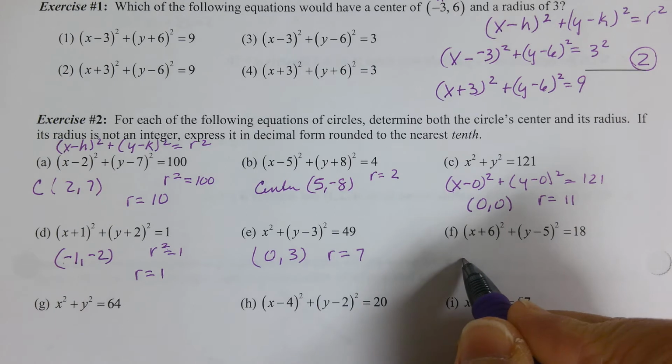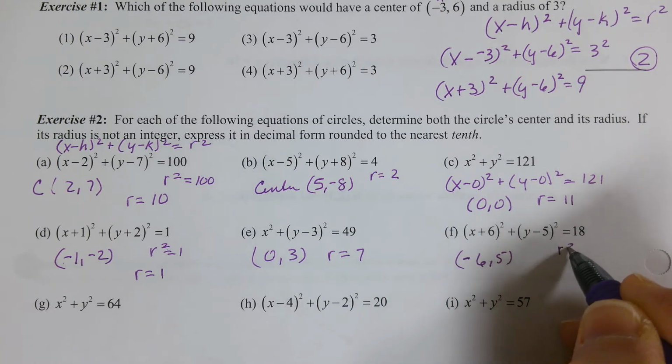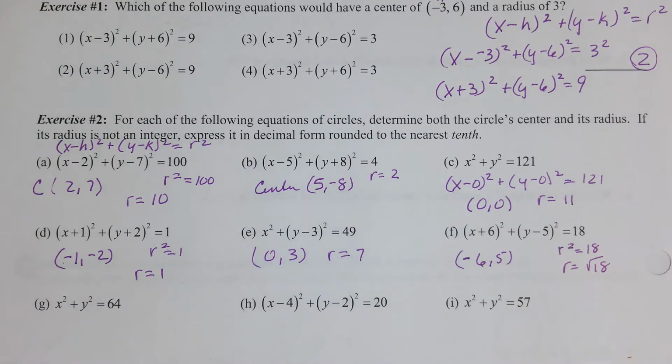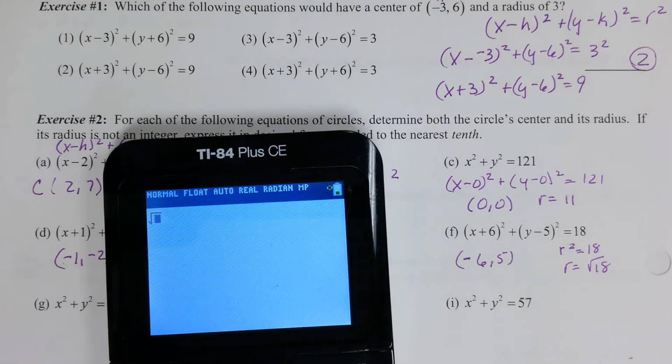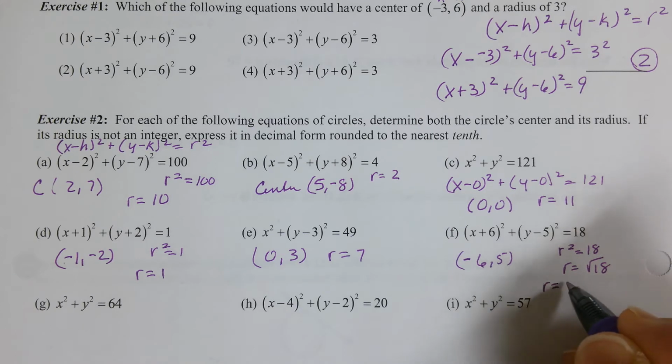The center (-6, 5), r squared equals 18, r equals the square root of 18, which is 4.2 when rounding to the nearest tenth.